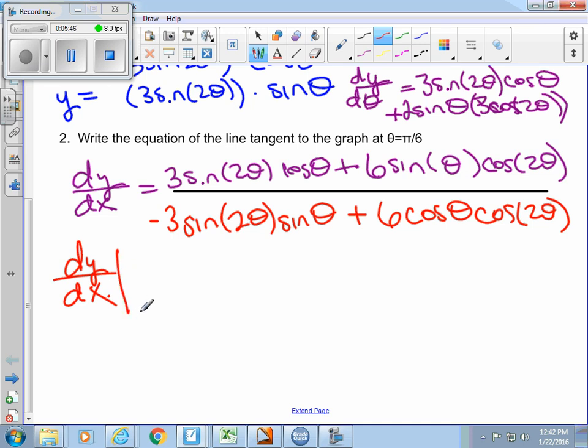So derivative at pi over 6, first of all. I could do that by hand, and maybe it's a non-calculator question. Maybe I have to. Are y'all okay if we don't? Y'all can unit circle that, right? So you know the cosine of pi over 3 and the sine of pi over 6 and so on, right? So someone with a calculator, just for time purposes, do that for me.